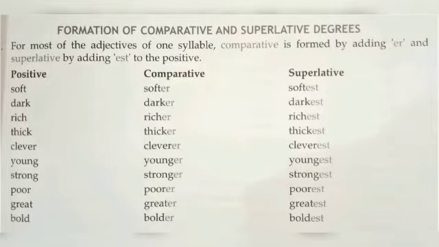If a word has three vowel sounds, then it has three syllables. You can take this formula as one vowel sound is equal to one syllable. That means if we have three vowel sounds, we have three syllables.